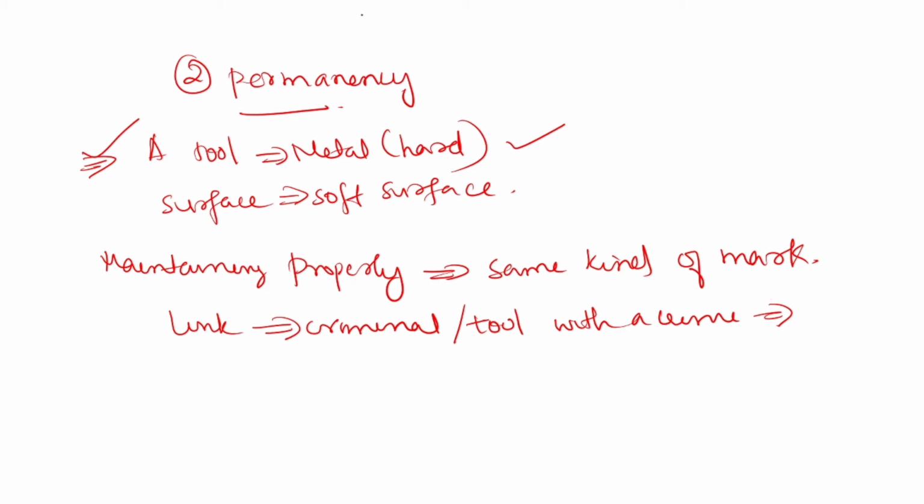Permanency is a characteristic which gives great evidentiary value. So the tool is a hard metal, and if properly maintained, the same kind of mark can be made on any surface, so that we can link the tool mark with the criminal, or the tool with a crime, even after a long interval.